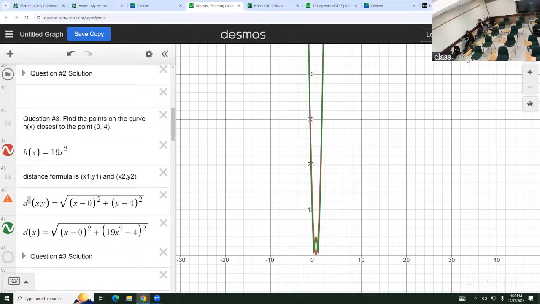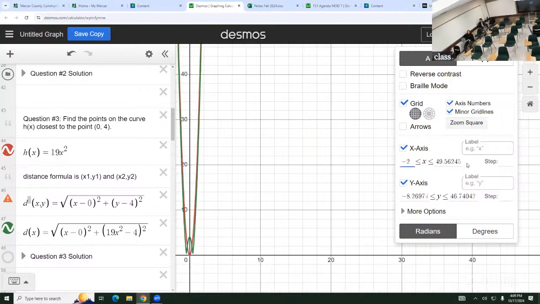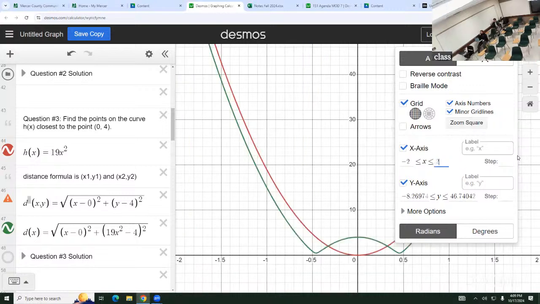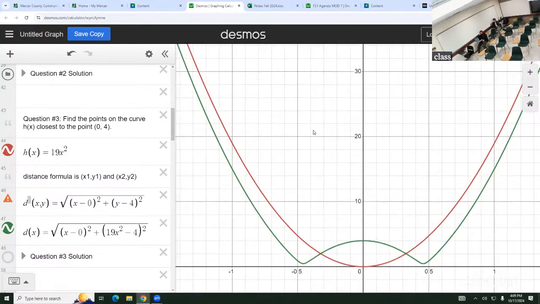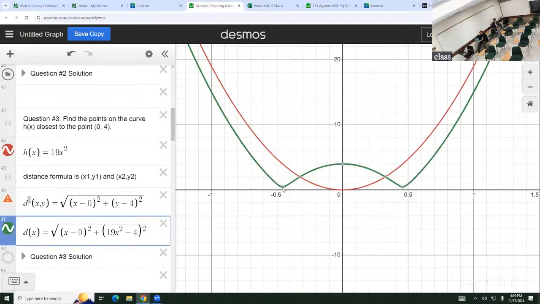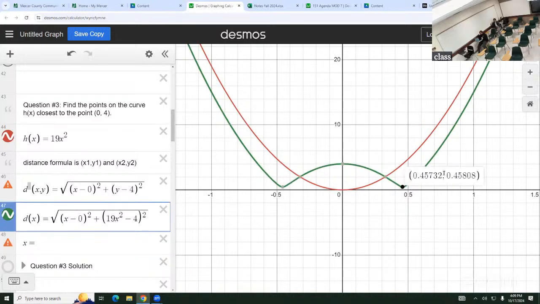I just adjusted it so I could see it. So where's the minimum? There's two of them, one here and one there. So the minimum value is x equals this number.